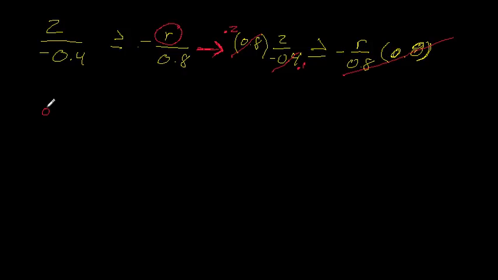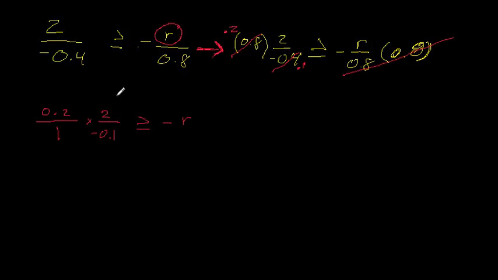So now I have 0.2 over 1, because it's written as a fraction, and that is being multiplied by 2 over negative 0.1, and that's greater than or equal to negative r.